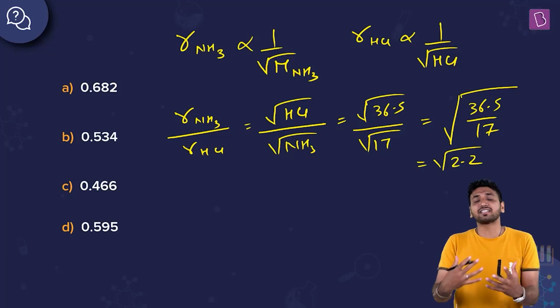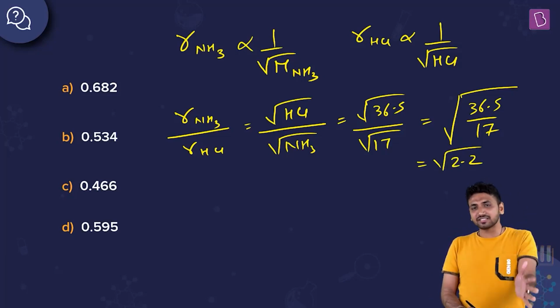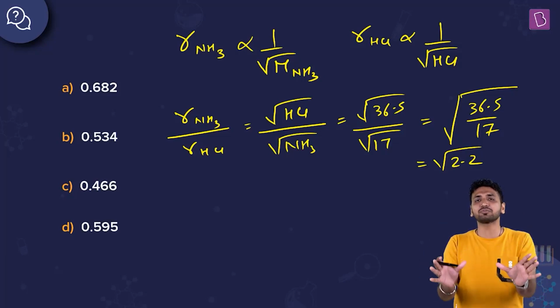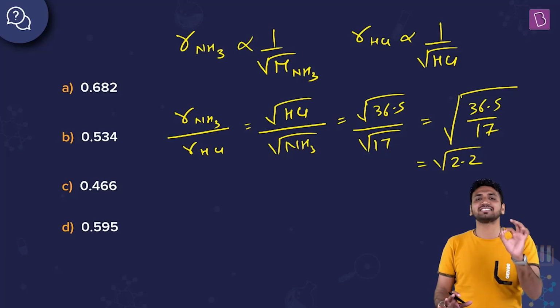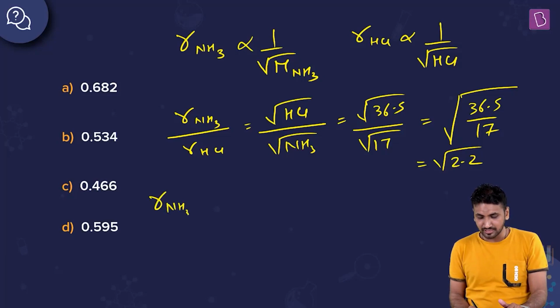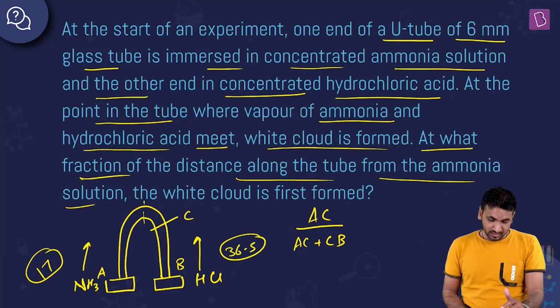The other factor, how you can calculate the rate of ammonia and HCl, is the distance that is traveled by the gas upon the time taken. And the time for which both the gases are traveling is exactly the same, right? So if I just write rate of ammonia in terms of the distance that is traveled by ammonia, if I just look at the diagram once more, the distance traveled by ammonia is AC, right?